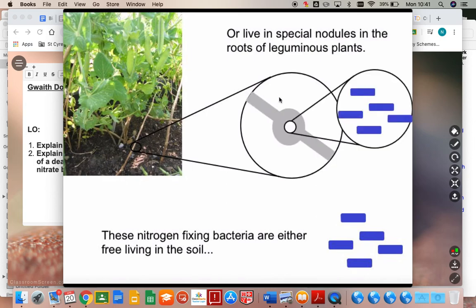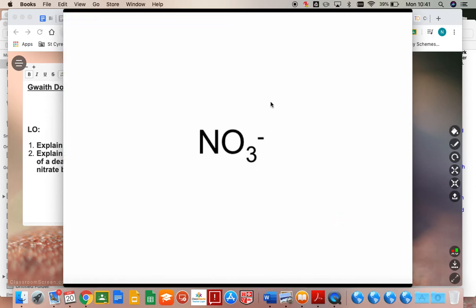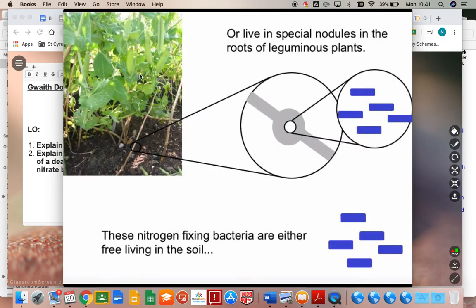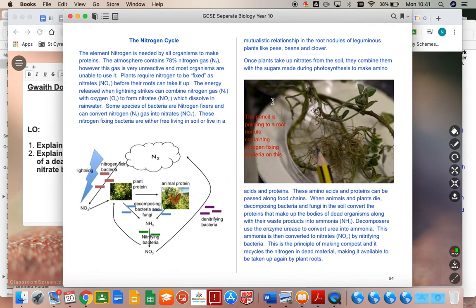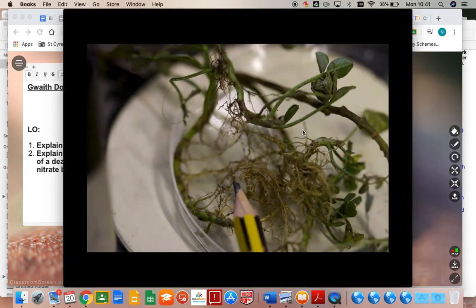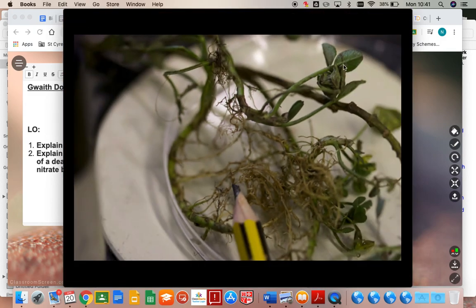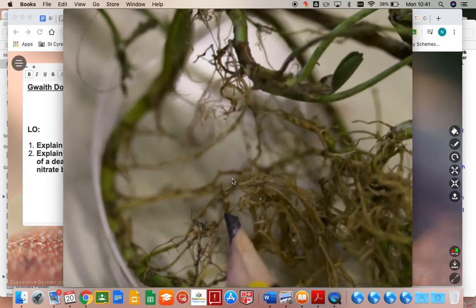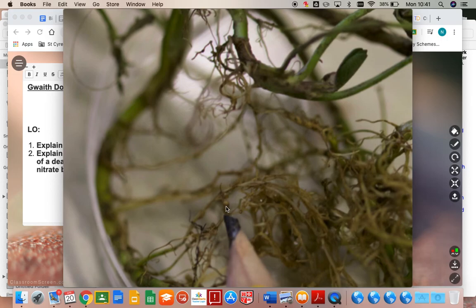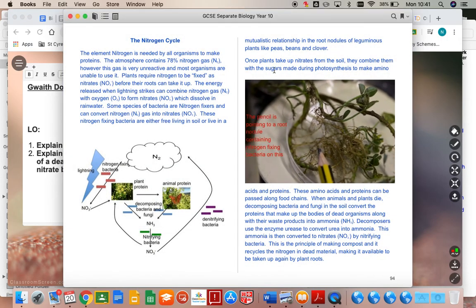The bacteria gain because they get given sugars by the plant, and the plant gains because it gets the nitrates from the bacteria. Let's show you one of these in reality. If you look just there, there's a little nodule. This is a clover plant, a three-leaf clover, another legume, and it has the bacteria living in these nodules.